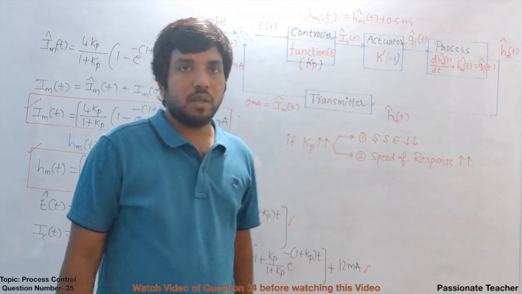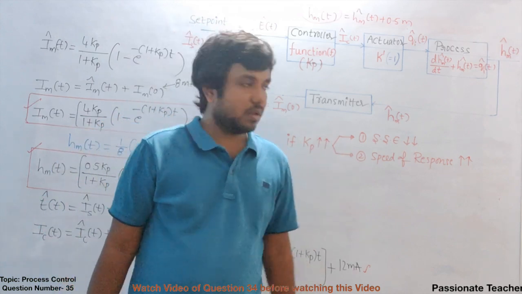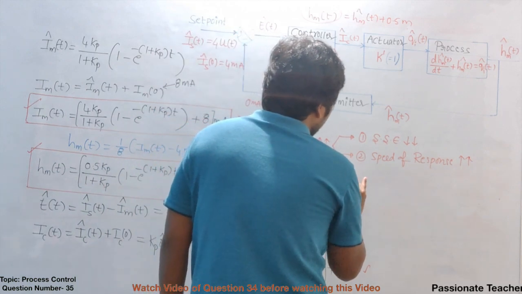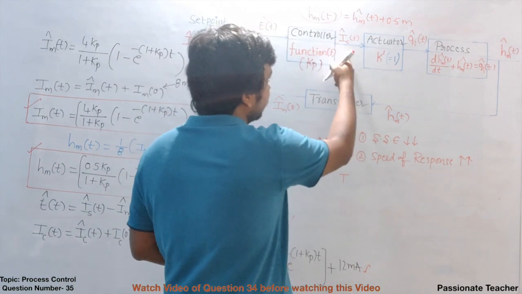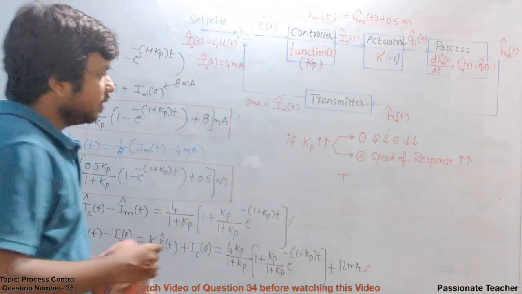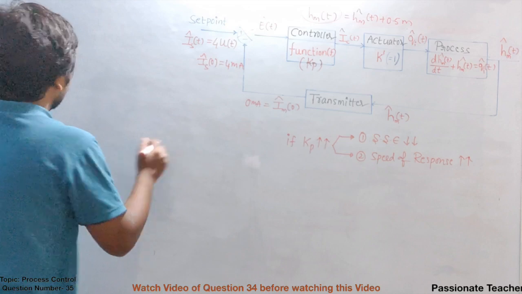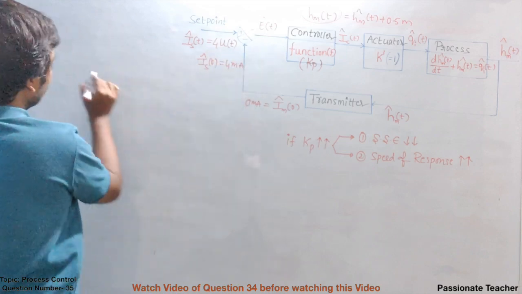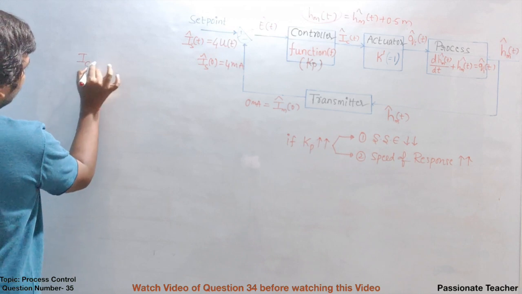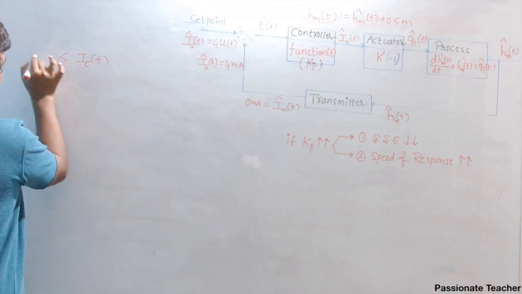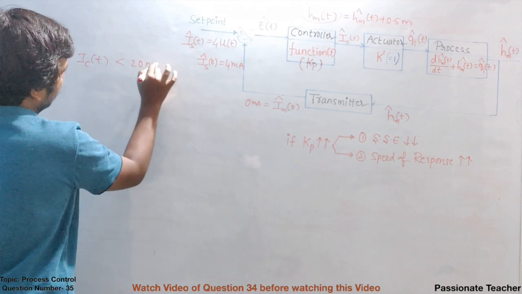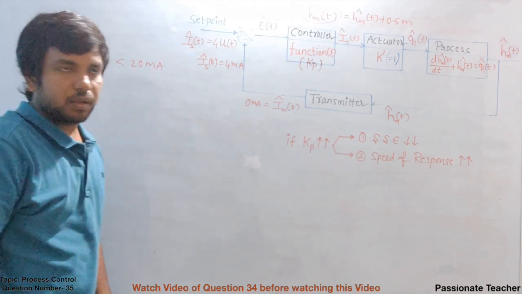So we are getting this one. But the problem here is, have you noticed this one here? The current of the controller, if you look at carefully, then you will be able to understand easily. So if you look at the controller there, IC of T, that is the controller output, should be between 4 milliampere and 20 milliampere. This is the standard range of the controller current. Clear?